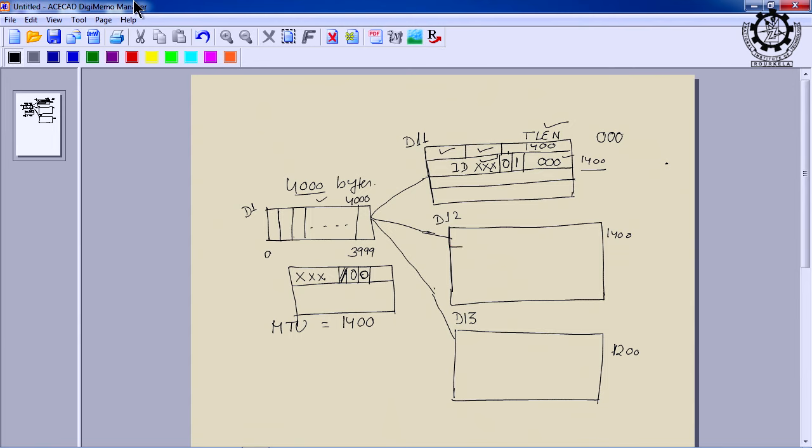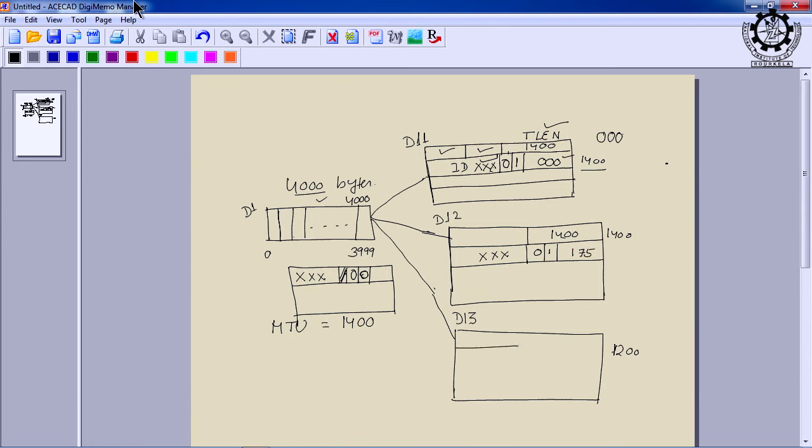Similarly, for the next one the total length will be 1400, the ID will be XXX, then D will be 0 and M will be 1, followed by the offset, which was 175 probably.